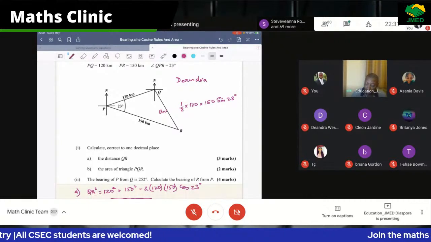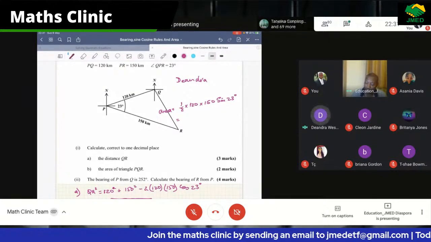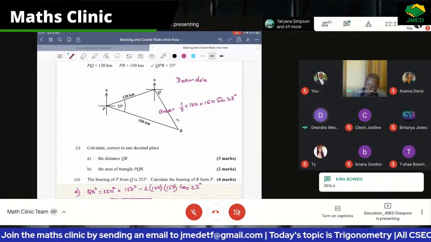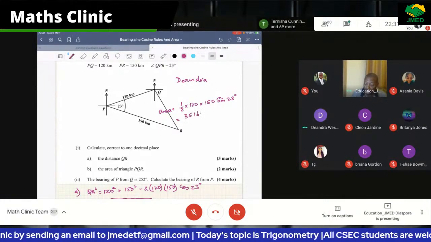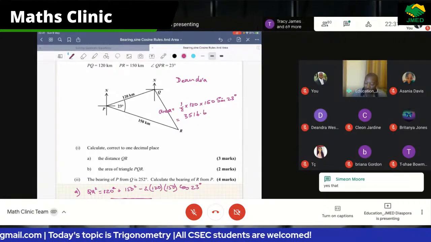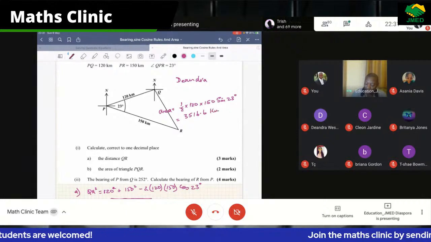Anybody? I got 3516.6 square kilometers.